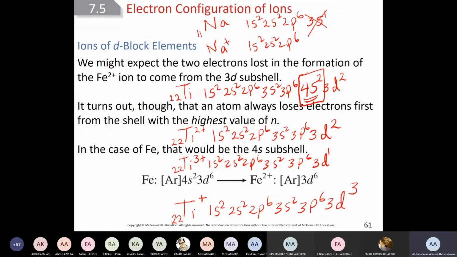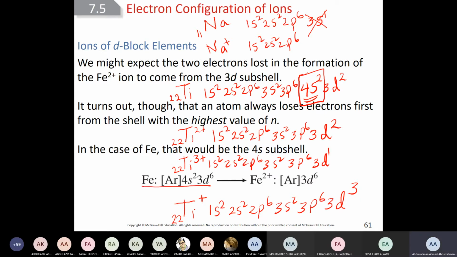Tell me what happened. We took one electron from 4s2 and gave it to 3d. Exactly. So the electrons are either gone when you have ions, or transferred to the 3d. Clear? Okay, good.